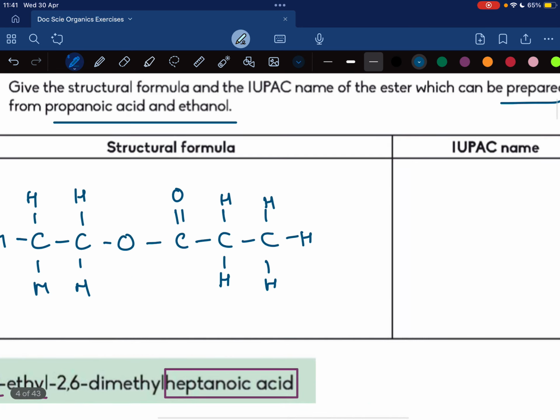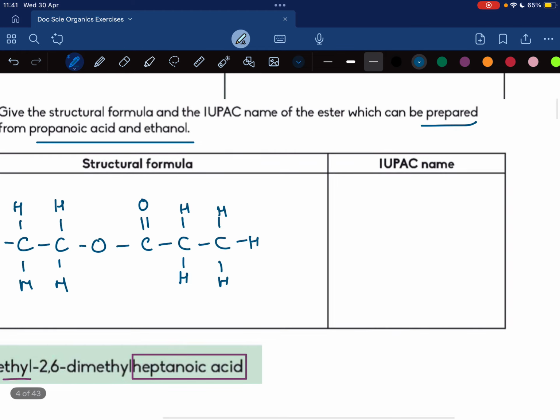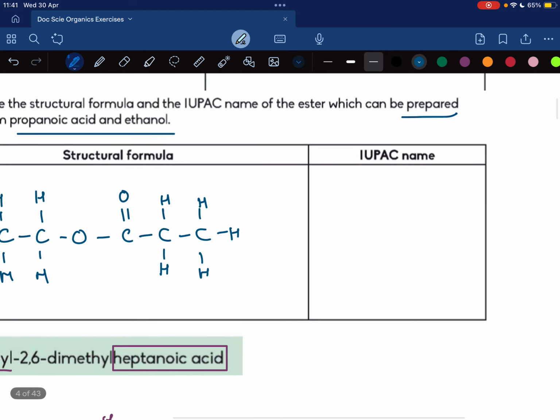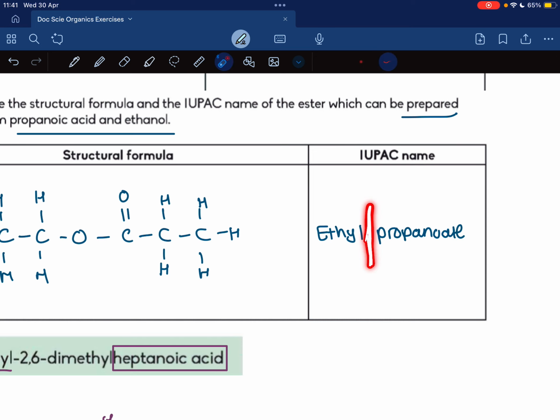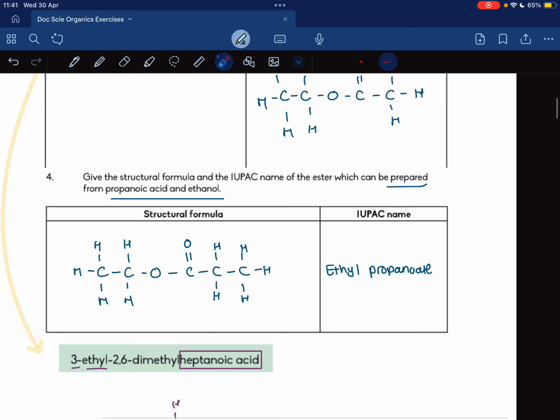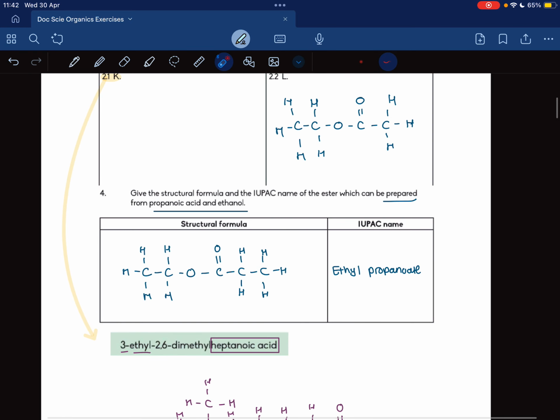Okay, then double check, make sure it's right, and then the IUPAC name is going to be ethanol will become ethyl, and then propanoic acid will become propanoate. Make sure that you leave a space between these two. Okay, so that's it. That's how you name esters.